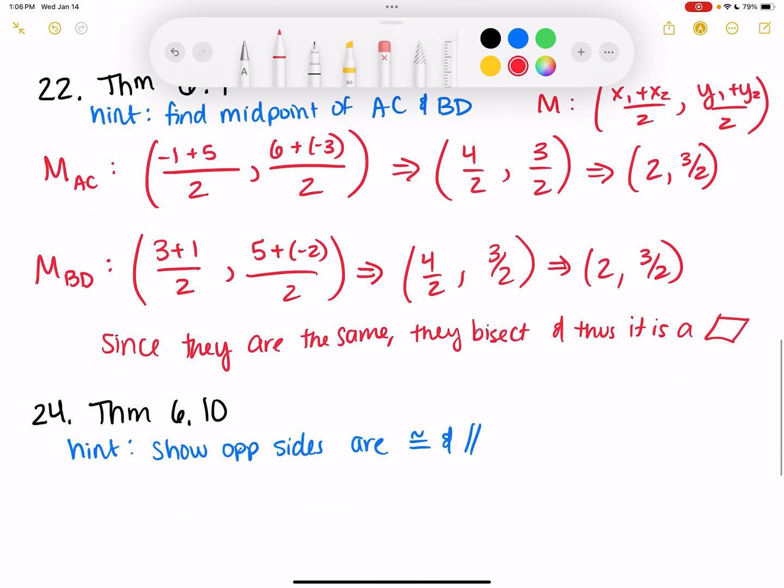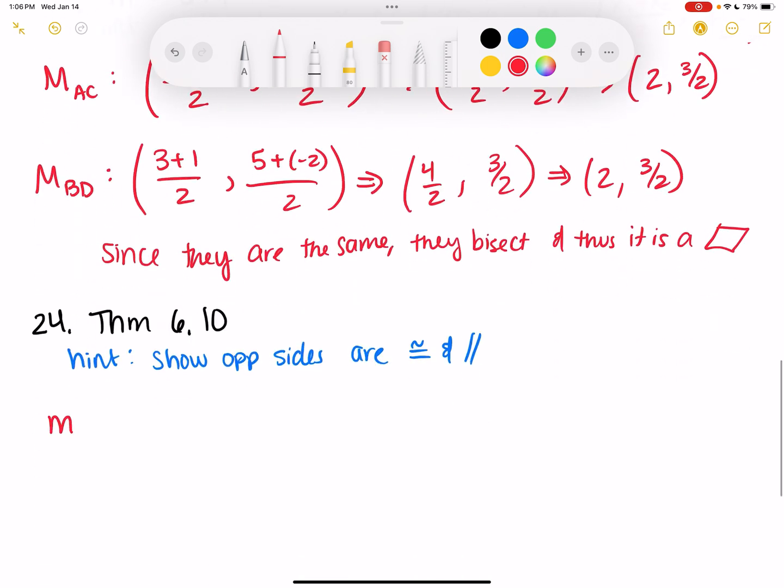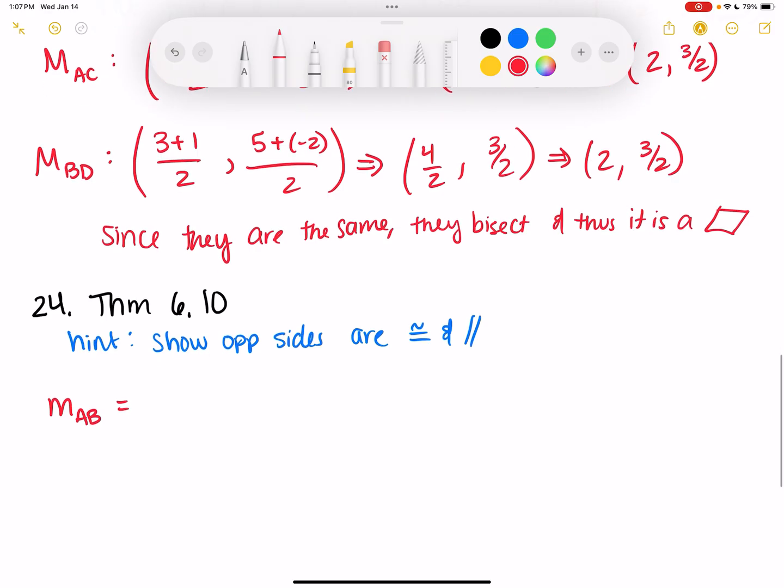Okay. All right, so we're going to find the slope of AB first. So the slope of AB is going to be, my points are not visible, so I'm just looking at the points off the book. So slope is, we'll just do a quick refresher, y2 minus y1 over x2 minus x1.